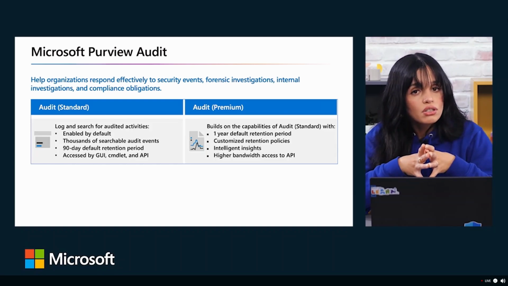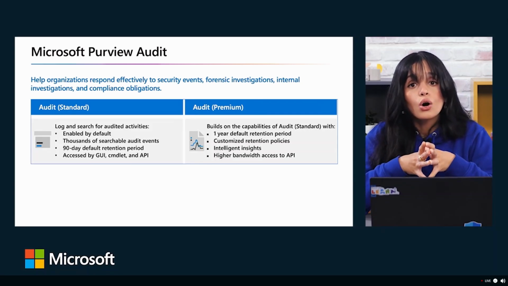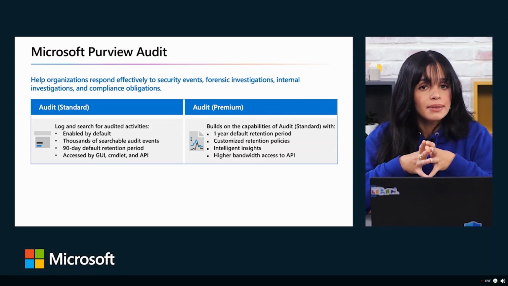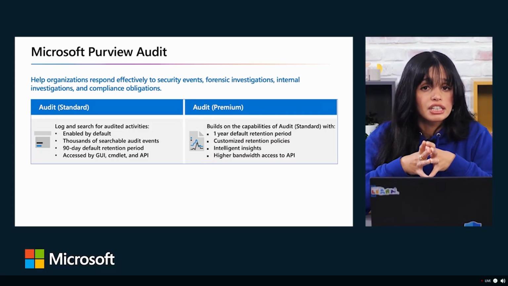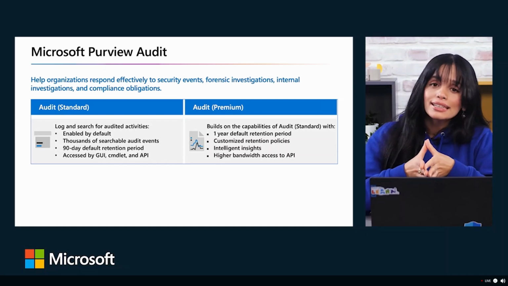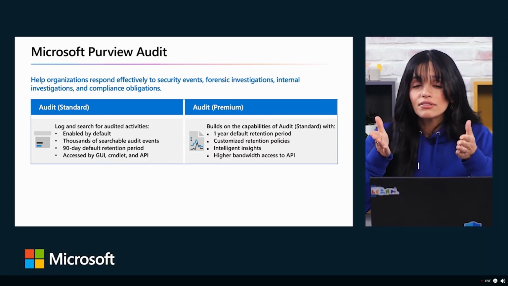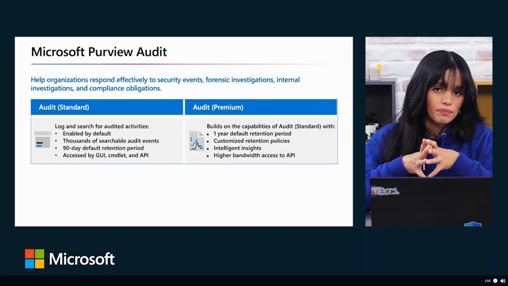Audit records for these events are searchable by security, ops, IT, admins, insider risk teams, and compliance and legal investigators in your organization. This capability provides visibility of the activity performed across your Microsoft 365 organization.